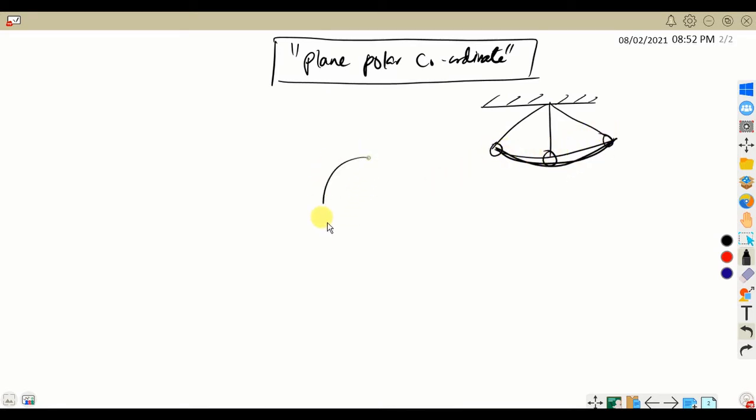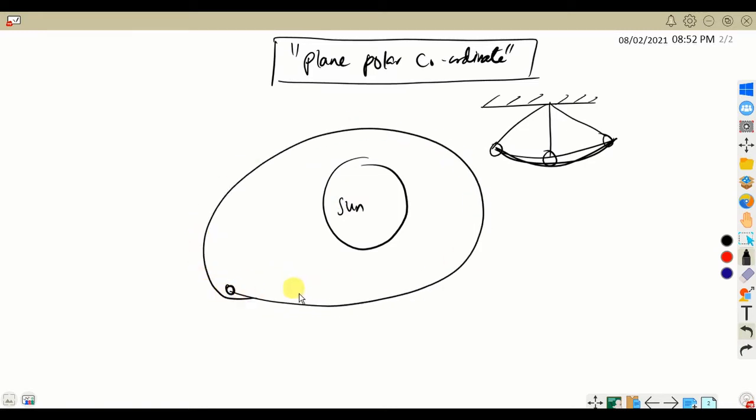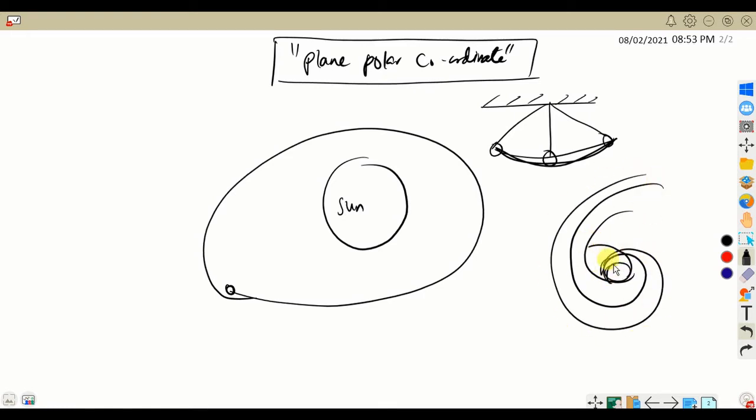Or we have the solar system, where you have a sun and we are here on earth, and they go around and round. This is also an example of circular motion. Again, the rotation of galaxies also involves circular motion. So there are so many things involved in circular motion.